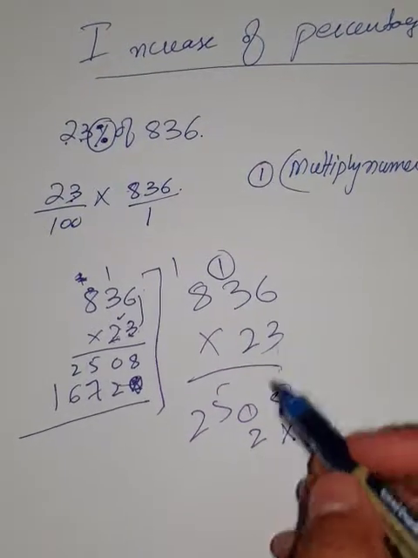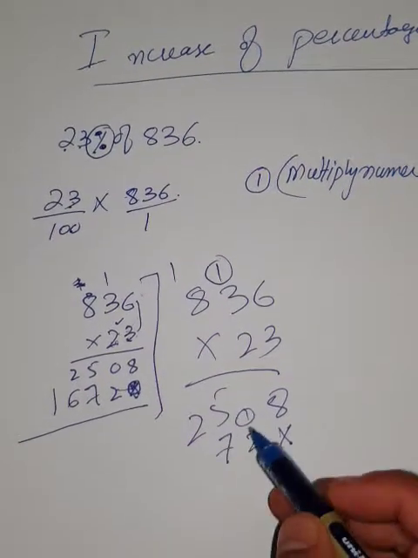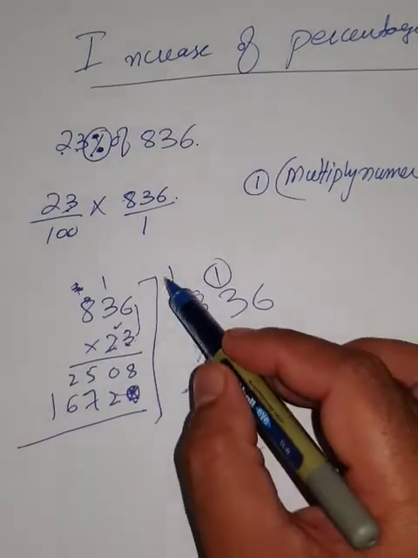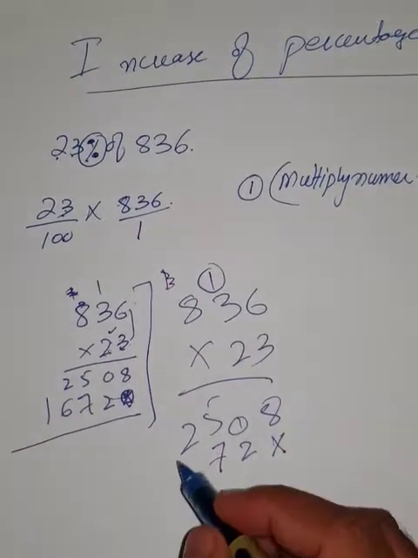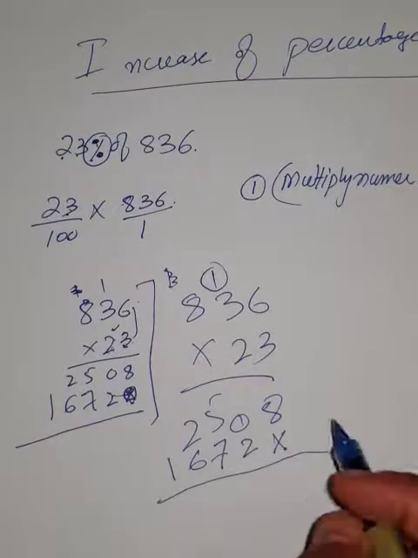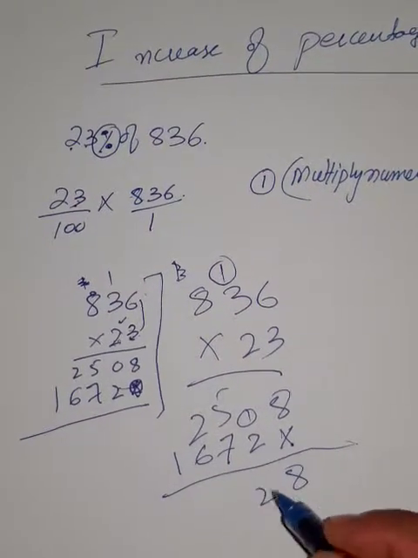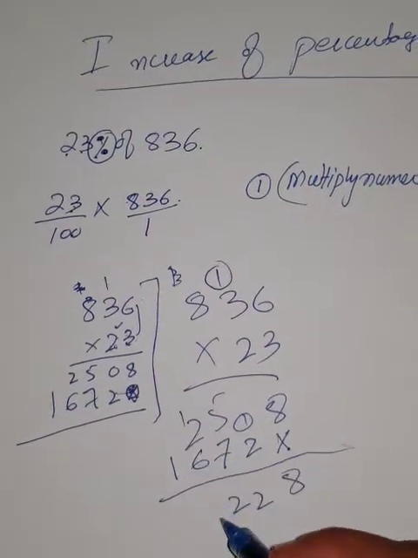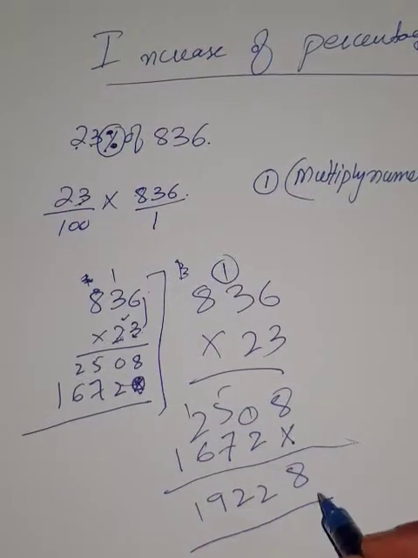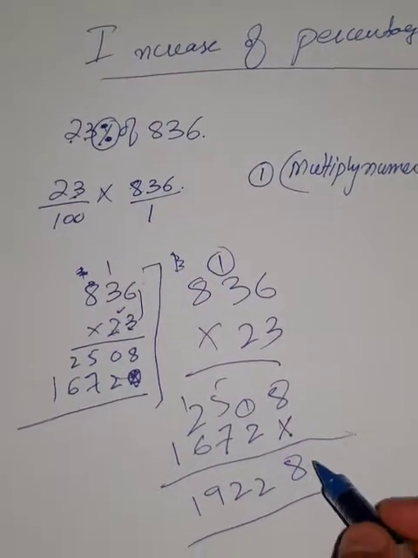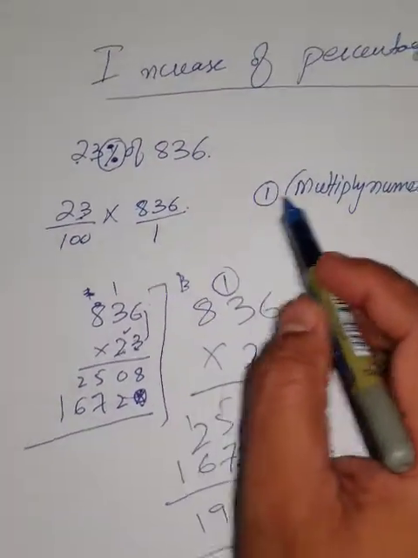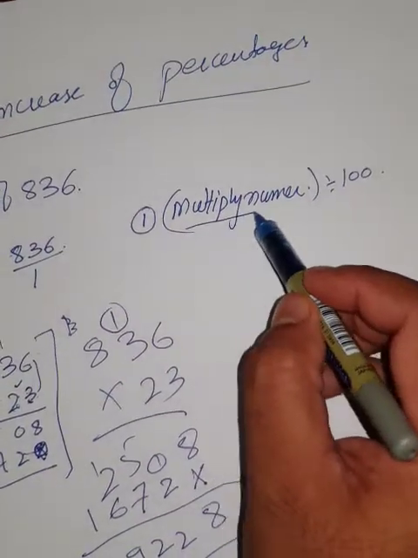And 2 times 3, 6 plus 1, 7. And 2 times 8, 16. Remember, this carry is not there anymore. So, I place 1, 6 here. Now, 8, 2, 12, 9, 1. 19228. This 19228 is just the answer of multiplication of numerators.